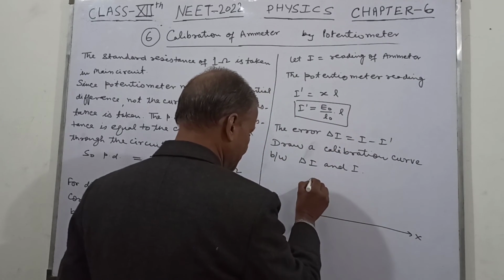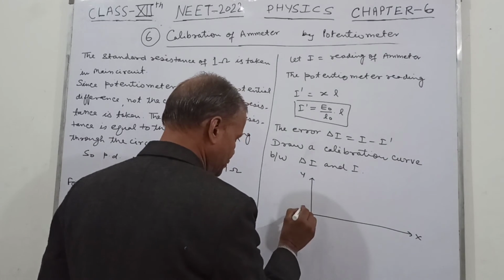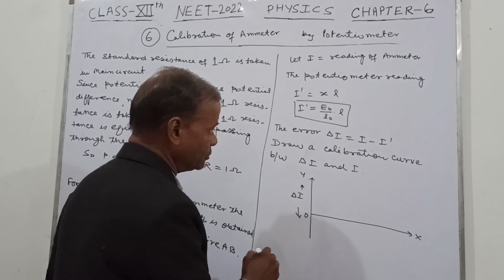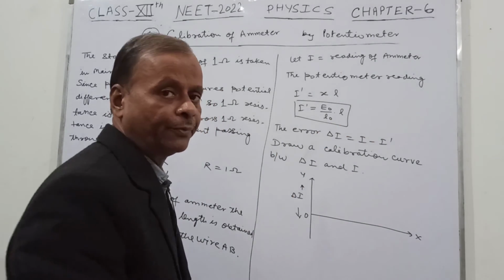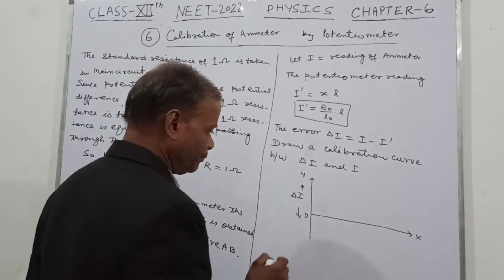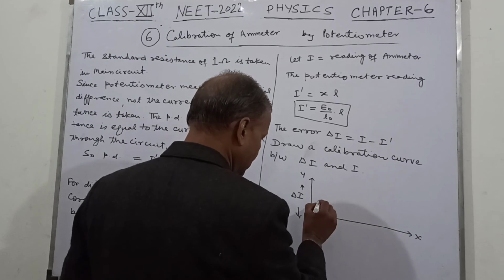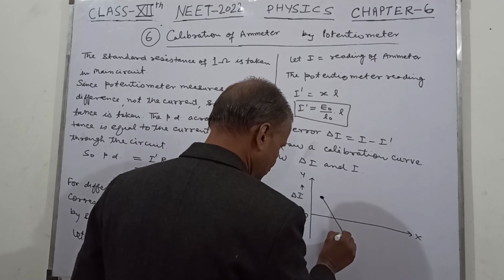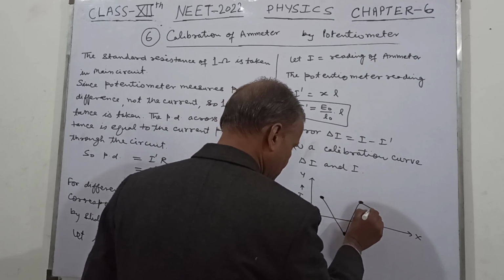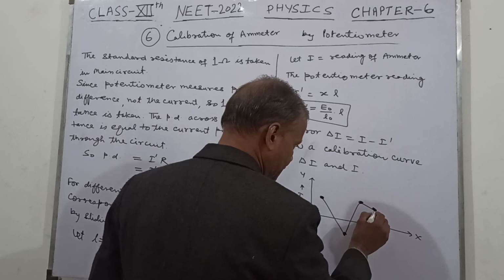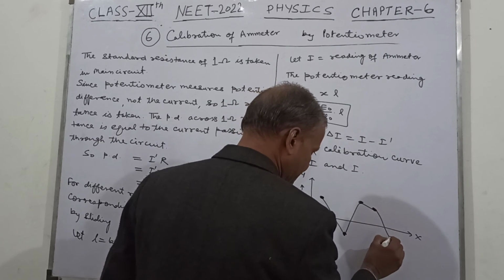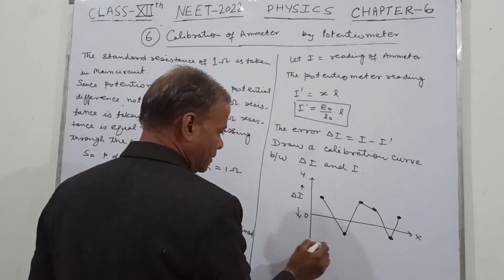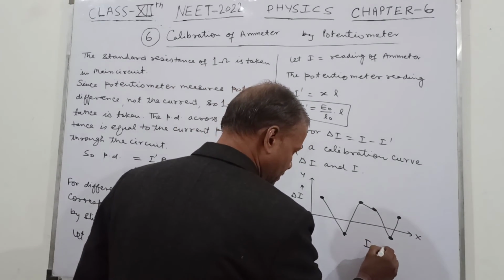This is x-axis, this is your y-axis, this is 0, this is now delta I on this side and on this side also, because delta I may be positive, negative or 0. So here we take the readings. Suppose this is now one reading, then to this one, this, and then to this. So thus we are getting a number of readings. Here we take the I.